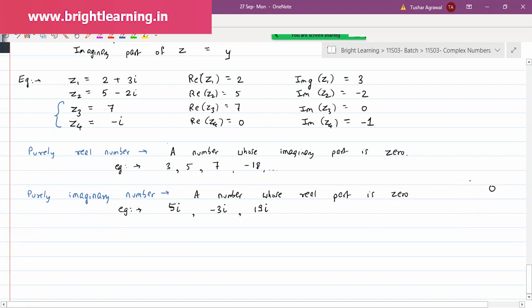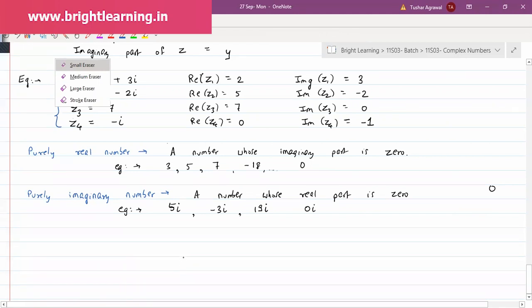You may say that 0 fits the definition of a purely real number also, because its imaginary part is 0. I can write 0 as 0 plus 0 I. I may also write 0 among purely imaginary numbers, because its real part is 0.